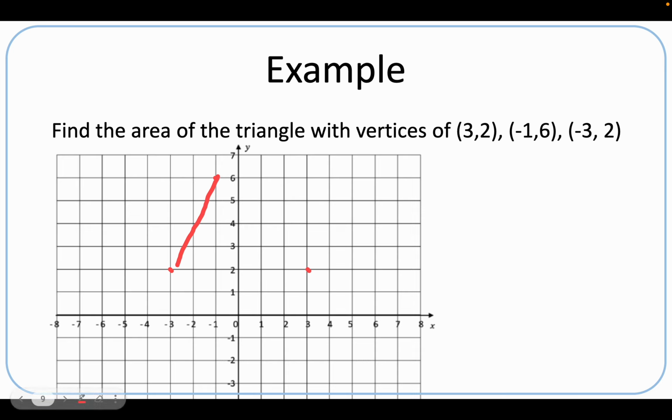So we'll do this across here and connect that. Okay, and then we are supposed to find the area of this.